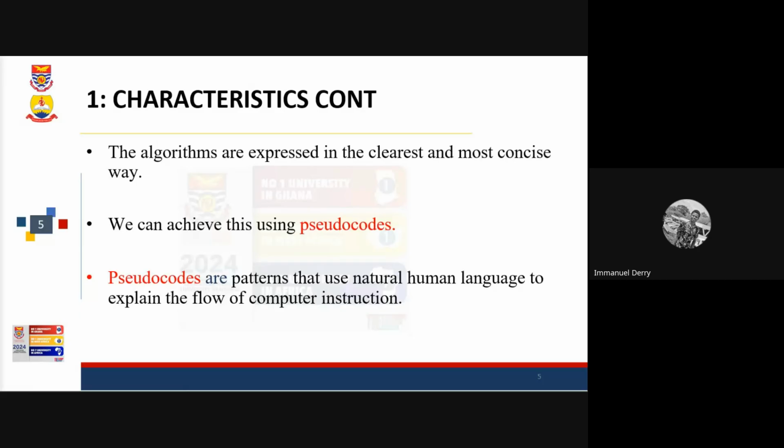And for us to achieve this idea of algorithms being concise and clear, there comes pseudocode, where we can achieve that clearness and conciseness in algorithms. And as you all know, pseudocodes are basically natural language to explain how a computational process should flow from the start to the very end.